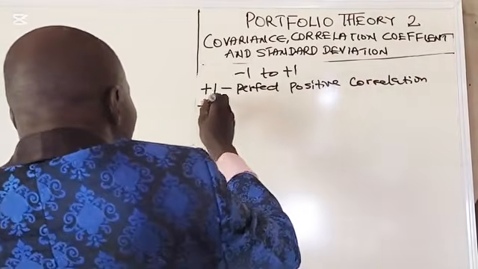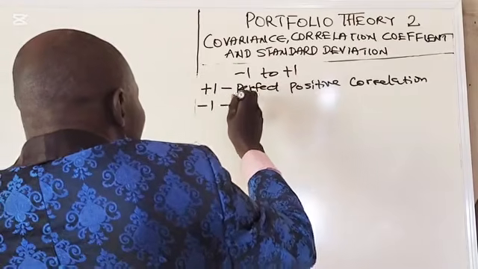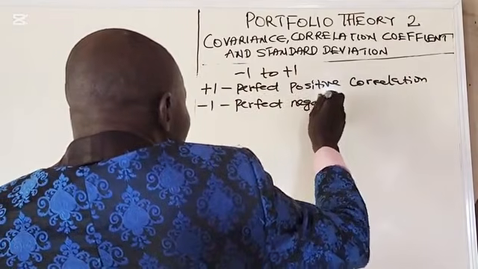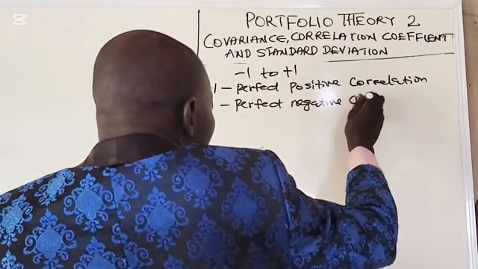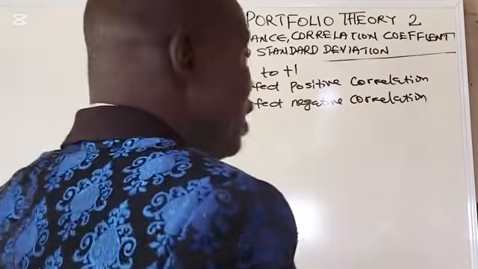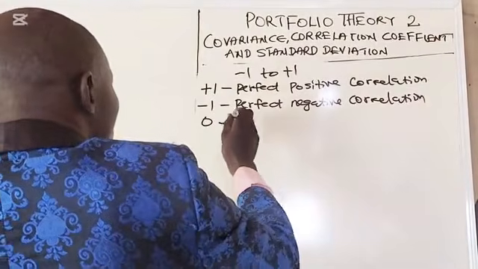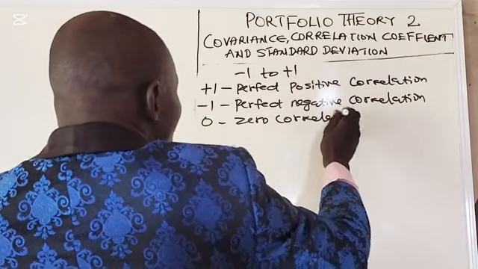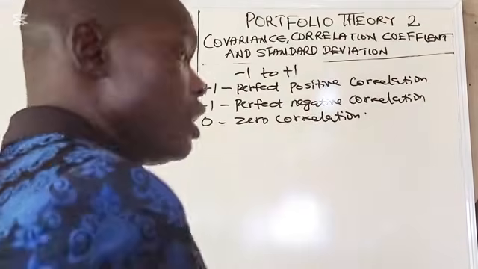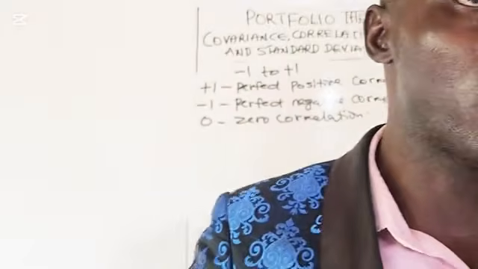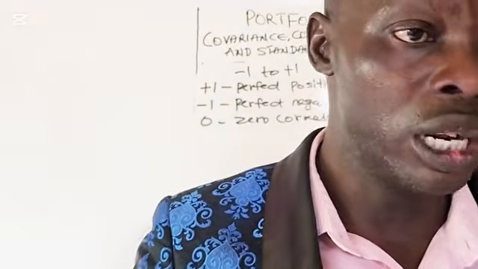You have -1, that is perfect negative correlation. And you may equally have zero correlation. If the result is zero, that means you have zero correlation, no relationship.